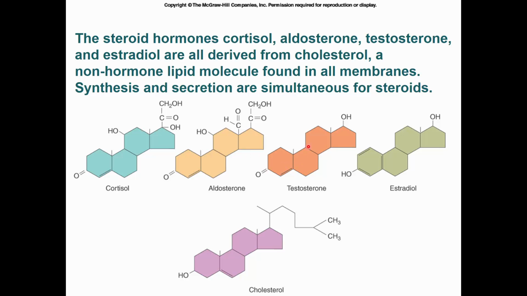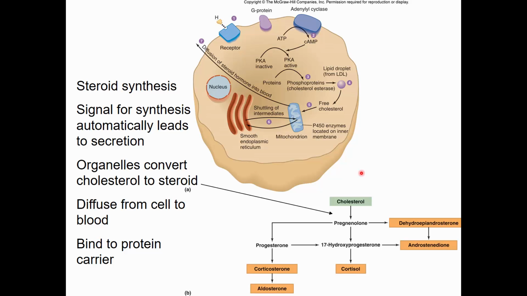Testosterone, again, that same basic pattern. And estradiol with its different side chain. Notice that there's a lot of similarity between estradiol and testosterone. This side group is changed, and that change is brought about by an enzyme called aromatase. We'll talk about that later. Anyway, I want you to see the general pattern of what a steroid looks like.